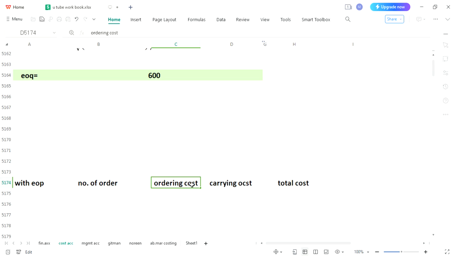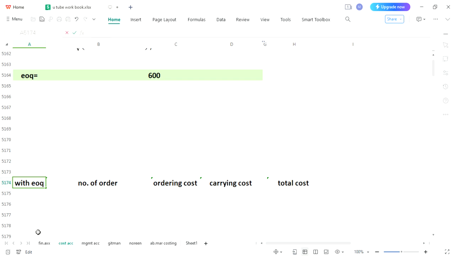In this way you will be able to calculate your total cost. And the same procedure you will repeat for number of units without economic order quantity. And you will compare total cost with economic order quantity and total cost without economic order quantity. So two numbers you will receive, and you will decide whether you are making any sort of saving or not.